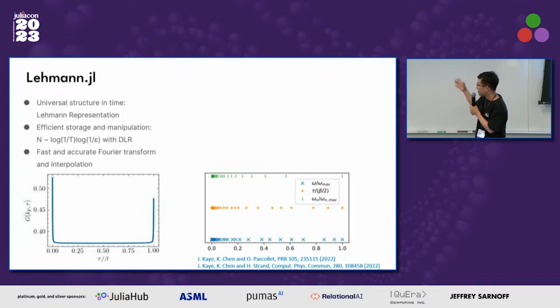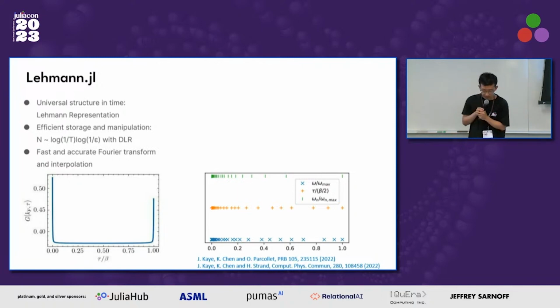These grid points are universal in the sense that for a given epsilon, it only depends on whether you have fermion or boson. This is called the discrete Lehmann representation, or in short, DLR.